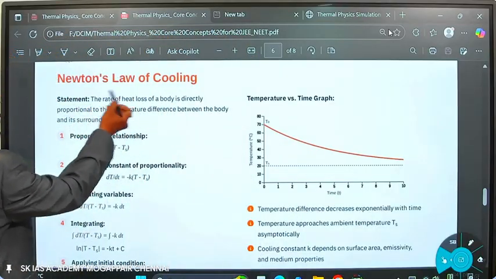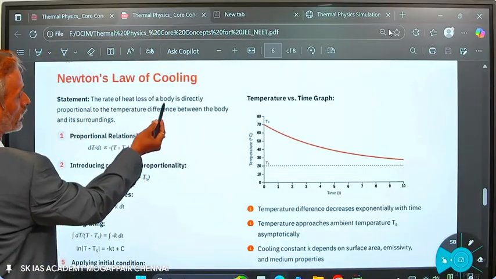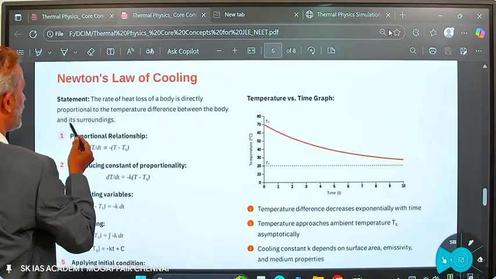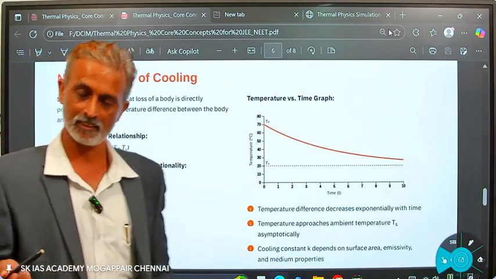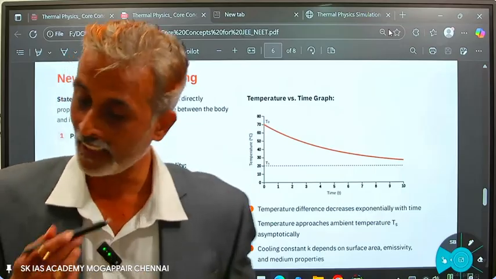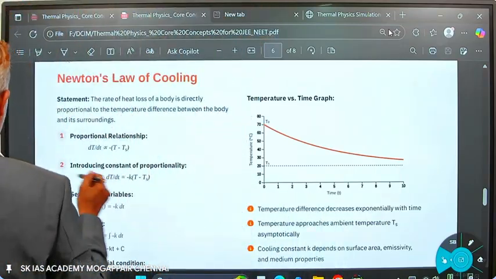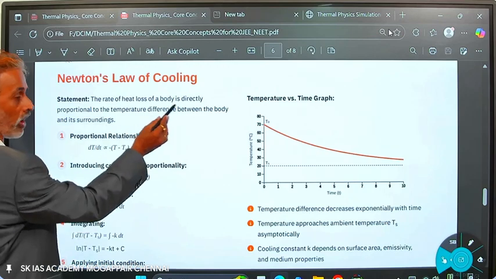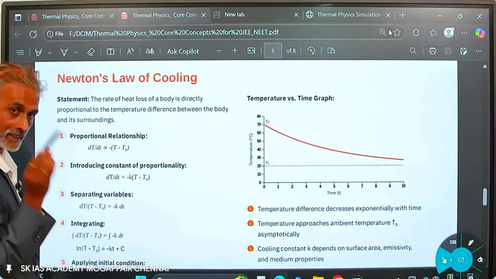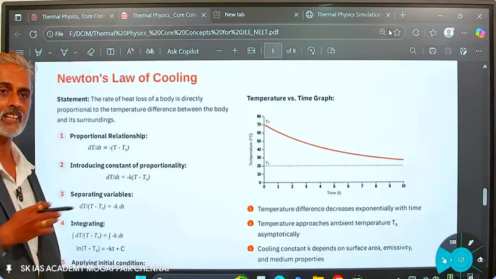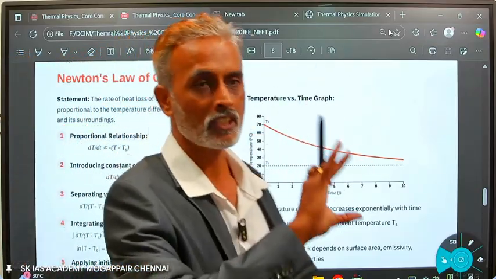Newton's law of cooling: the rate of heat loss of a body is directly proportional to the temperature difference between the body and the surroundings. Suppose I am feeling cold. So the rate of heat loss of a body is directly proportional to the temperature difference between my body and the surroundings.